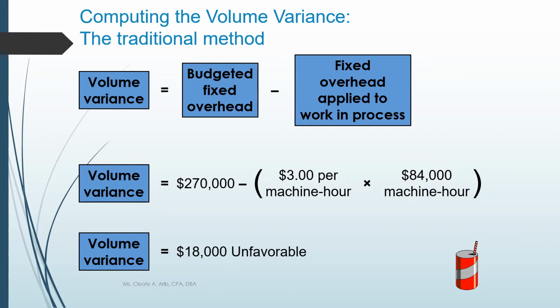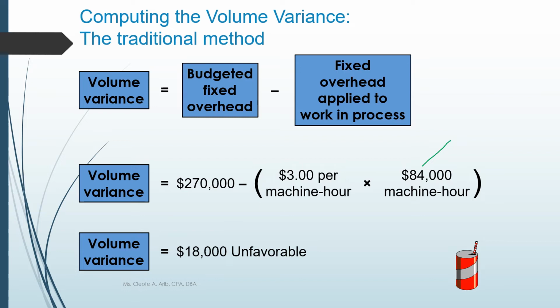So when you multiply 28,000 by 3 hours, you get 84,000. So, ma'am, are you telling us that the 84,000 is our standard hours? The answer is yes. Again, going back to the earlier slides, the computation for your fixed overhead applied is the standard hours multiplied by your standard rate.